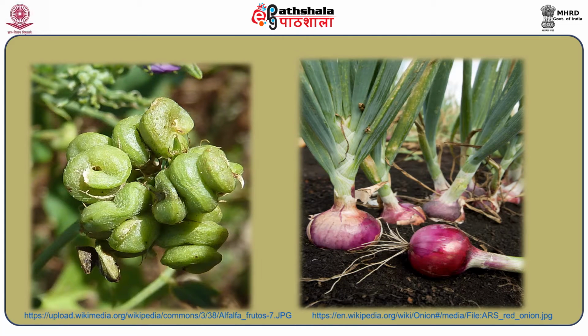Ditylenchus dipsaci is a known migratory endoparasite which feeds on parenchymatous tissues in stem and bulbs of onion, alfalfa, clover, etc. Feeding often causes swelling and distortion as a result of the breakdown of the middle lamella of cell walls.